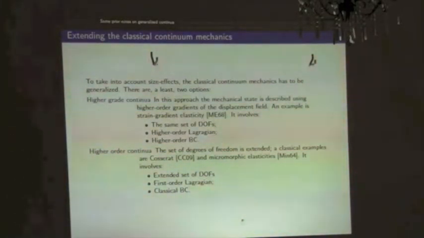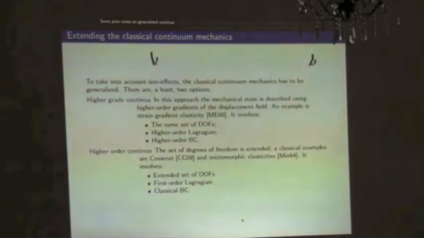Micromorphic elasticity, as will be detailed later on, is to add in your description a second order tensor, not necessarily symmetric, as degrees of freedom of your model. So you extend your set of degrees of freedom, but you keep your first order Lagrangian description and your boundary conditions remain classical.